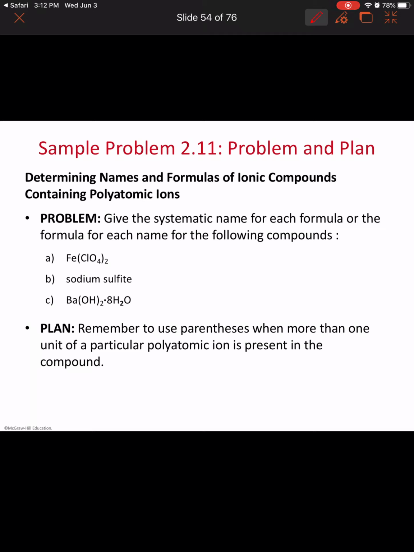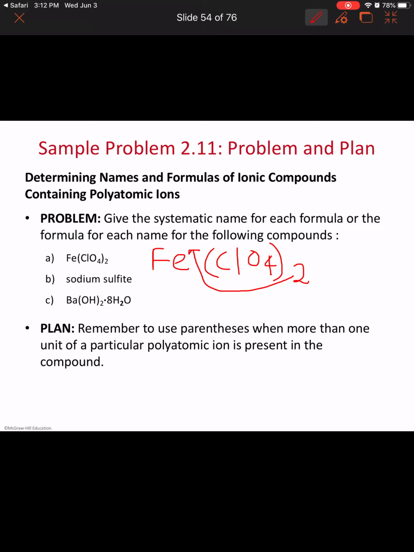We can use the same way that we used earlier. This is Fe(ClO4)2 and this is the polyatomic ion, and we have a 2 next to the parenthesis. To find out the charge, we can do the back crisscross.